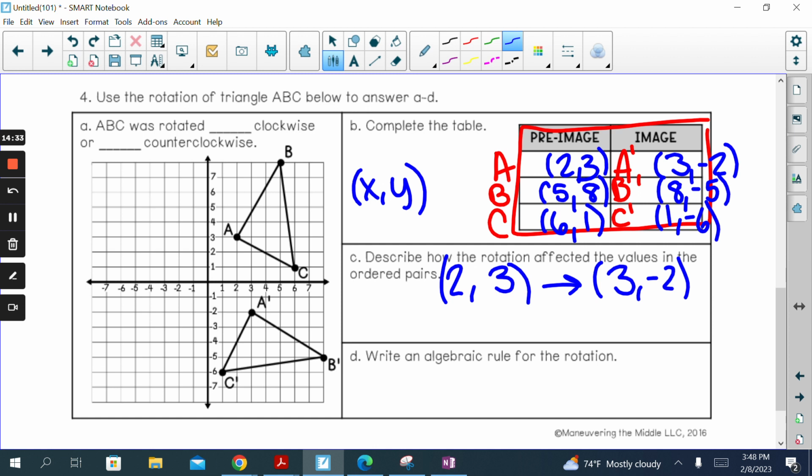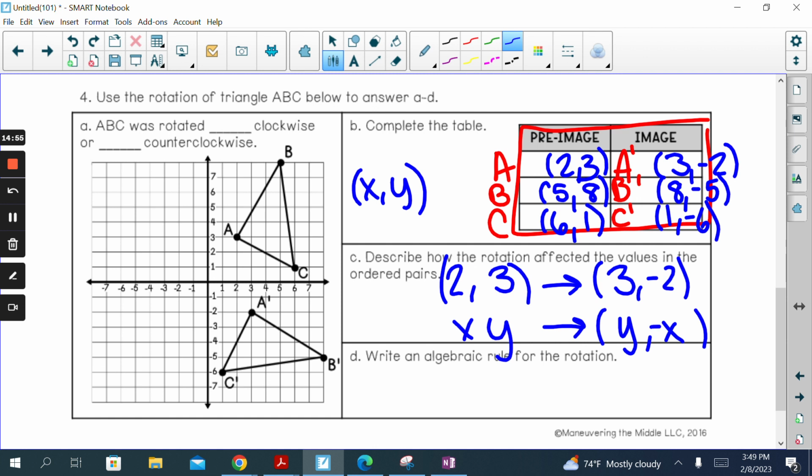So first, right off the bat, I see I have X, Y, and then my Y and my X switched. Our ordered pair is still X, Y, left and right, up and down, but to represent how they changed, Y and X switched.